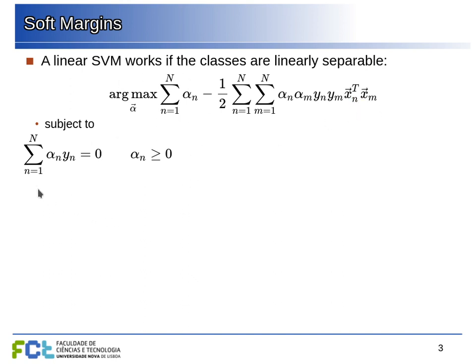And this is subject to a constraint that the sum of the product of the alphas and the corresponding classes must be 0. Since these classes are minus 1 and plus 1, this means that the total alpha for the positive class must be the same as the total alpha for the negative class. And since they are Lagrangian multipliers, they must all be at least 0.